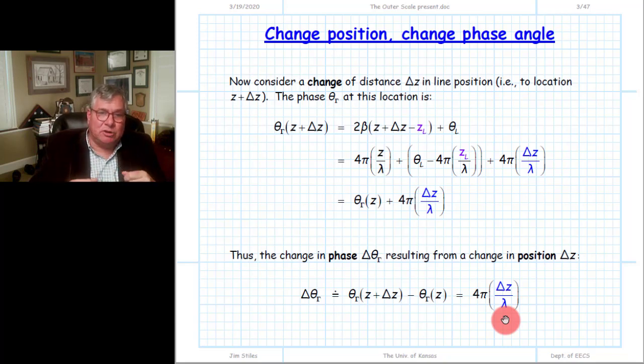So we can't determine the relative phase of gamma at any position on the line from just the position, because we need to know what's attached on the other end of the line. However, we can determine what the change in phase will be for any transmission line due to a change in position, regardless of the load that's attached to the end of that line.